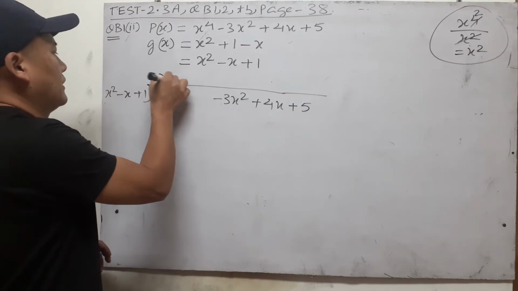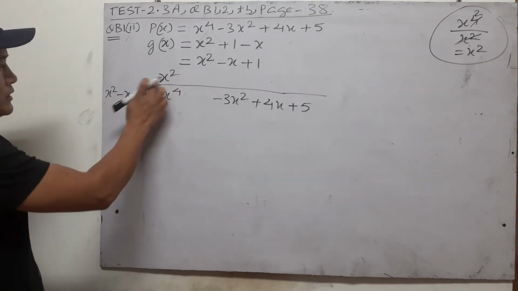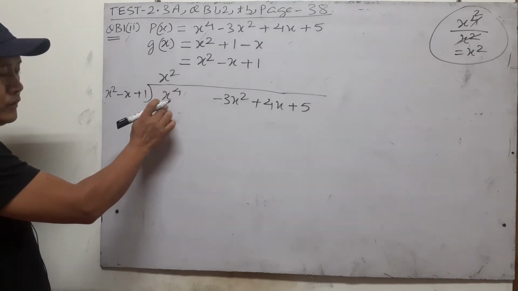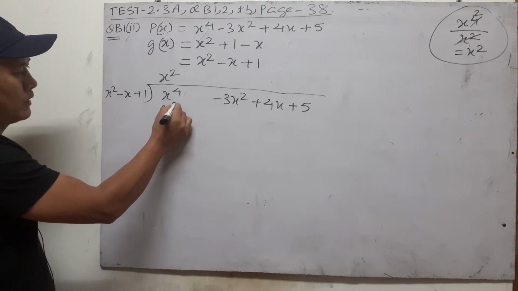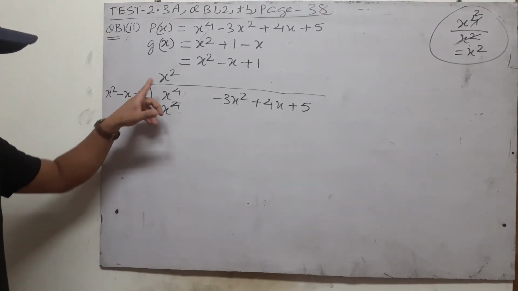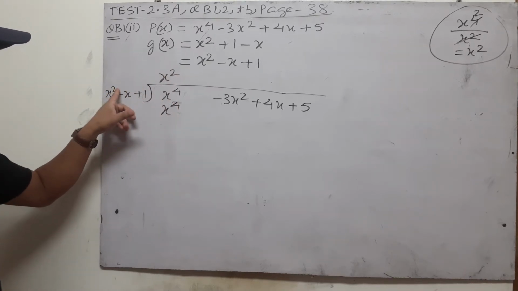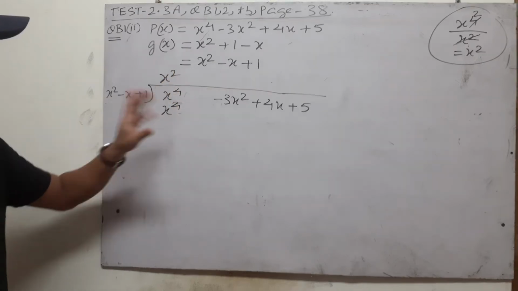So write that here. And then we multiply x squared with all these 3. Plus into plus, plus. No need to write that. x squared into x squared is x to the power 2 plus 2, x to the power 4. When we multiply powers, x to the power 2 into x to the power 2, we have to add the powers, 2 plus 2, 4.